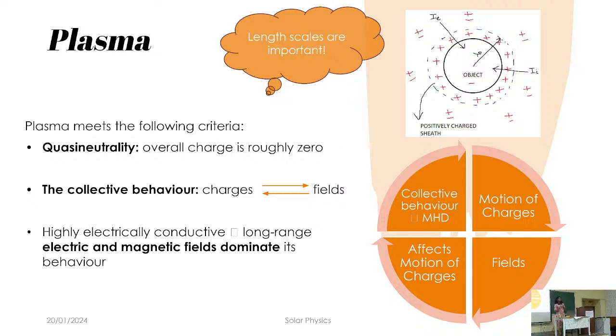And second, that it shows collective behavior. That is, once again, as we were talking about collisions, that doesn't actually bother the outcome of your result. Similarly, over here, the length scales of your system are much larger than whatever collisions are happening, and secondly, there are electromagnetic interactions that come into the picture.